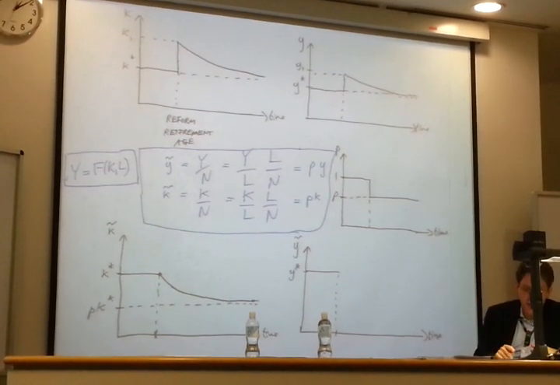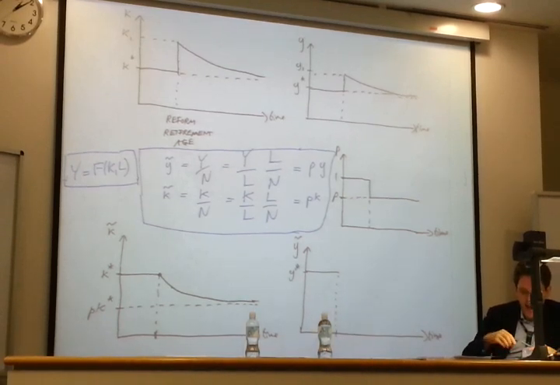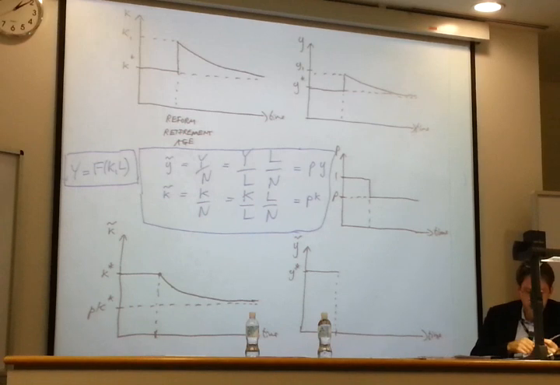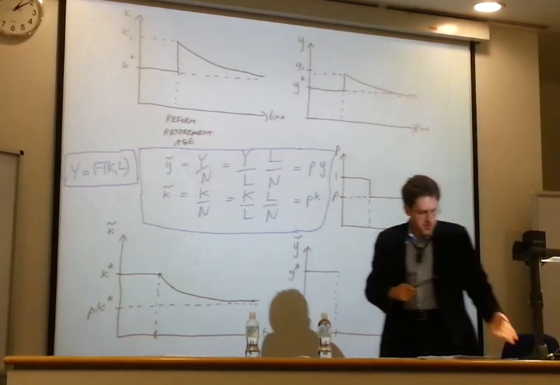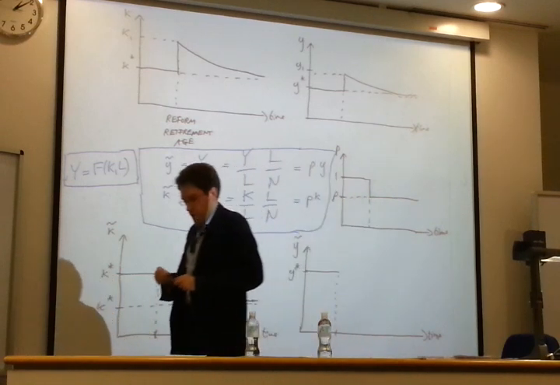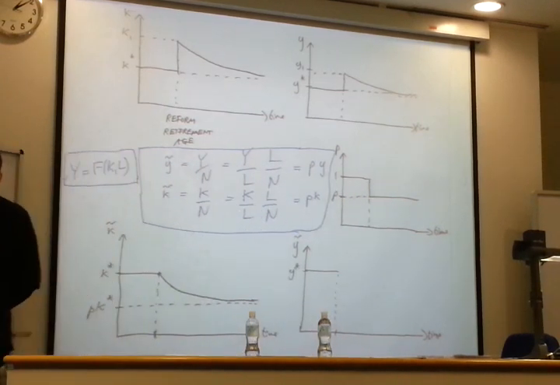Okay, so using some of this type of reasoning, see if you can complete the last diagram. Income per person. I've started you off. Can you fill in the rest of it? Try it now.